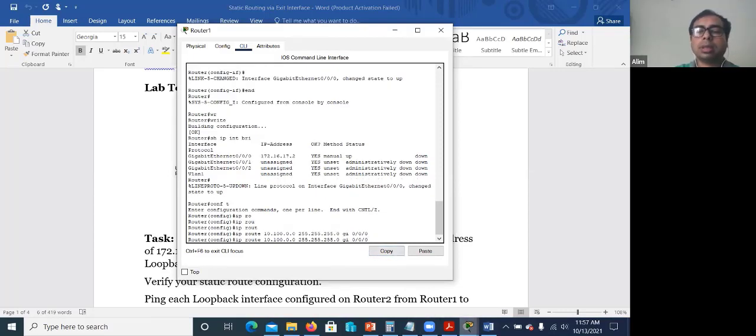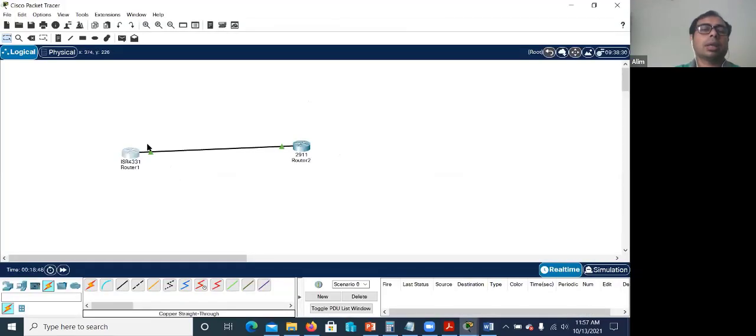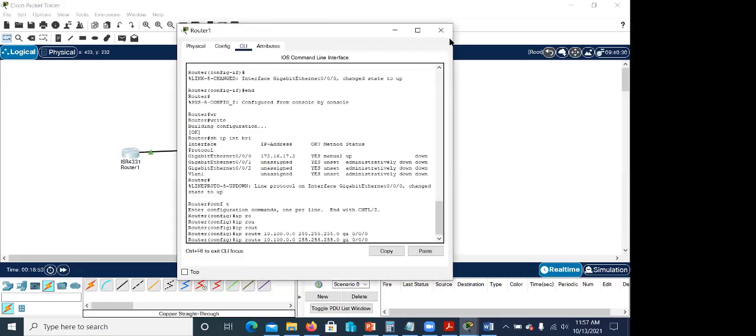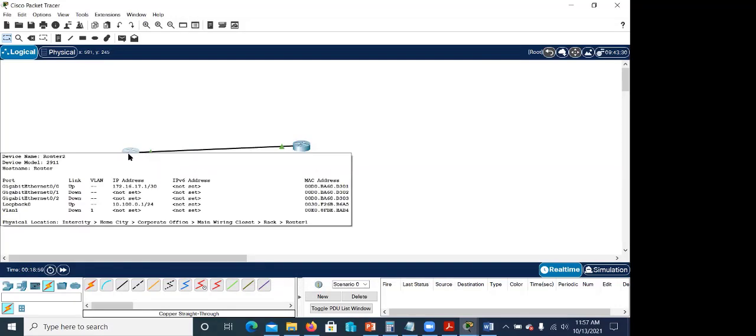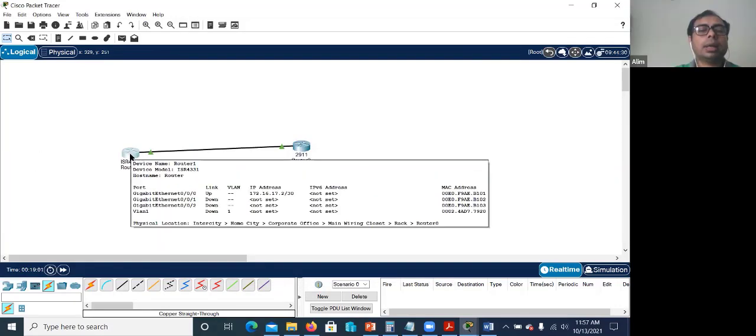Okay, what is exit interface? Interface to which we are connected. Yes, let me show you how. Okay, here exit interface is gigabit Ethernet 0/0/0. Okay.